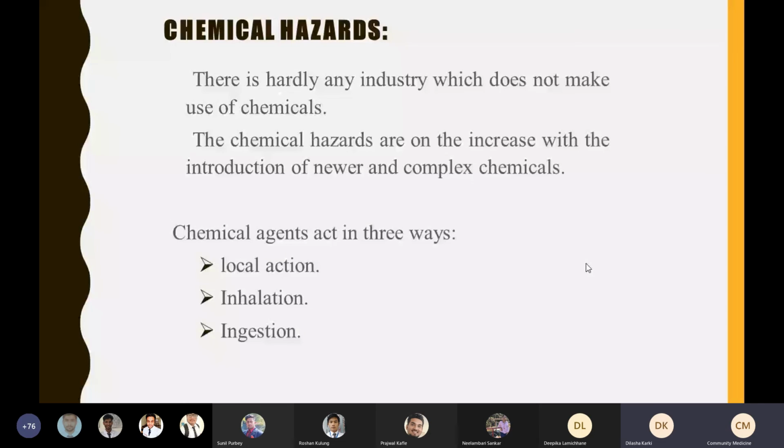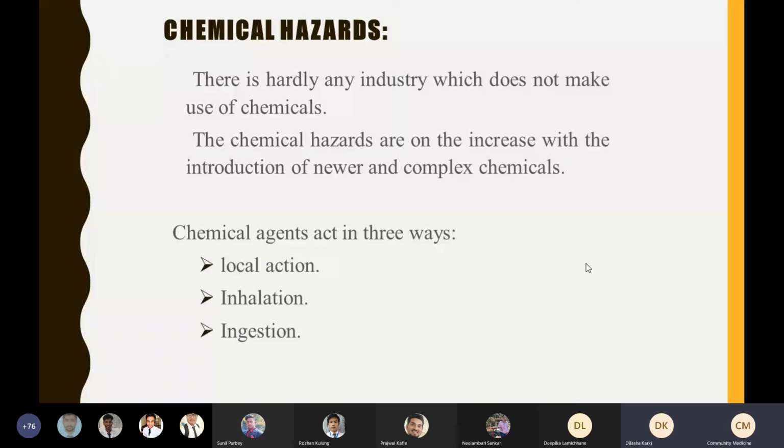The chemical hazards are on the increase with the introduction of newer and complex chemicals. There are different types of chemical hazards that can occur: one is local action, or inhalation of the chemicals, or ingestion of the chemicals.